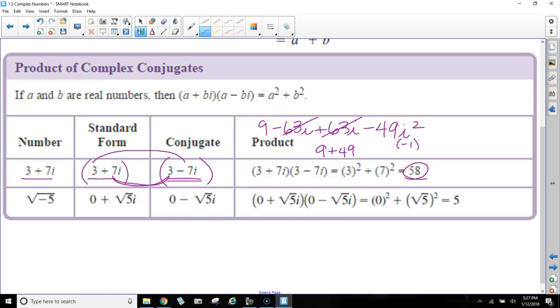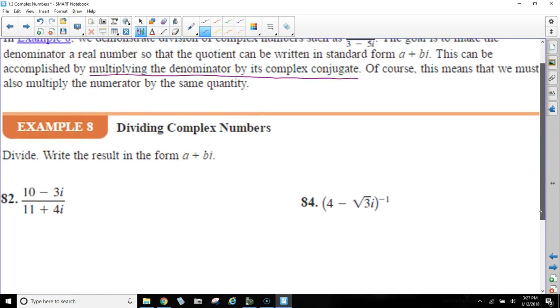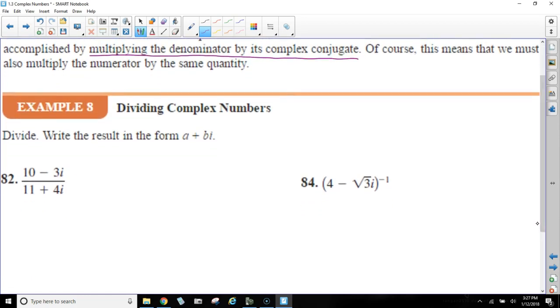Now, this is the idea we have to use to divide. Our fourth operation is going to be to divide complex numbers, such as, look at number 82, 10 minus 3i over 11 plus 4i. In that case, to get this divided, we have to multiply the numerator and the denominator by the denominator's complex conjugate. That is what is going to work for us. That's really the only legal algebra thing we can do.